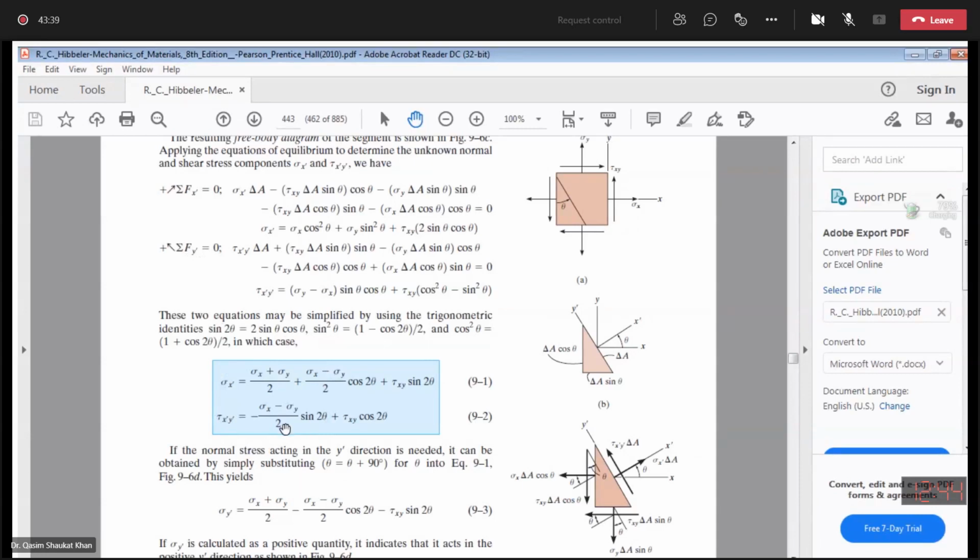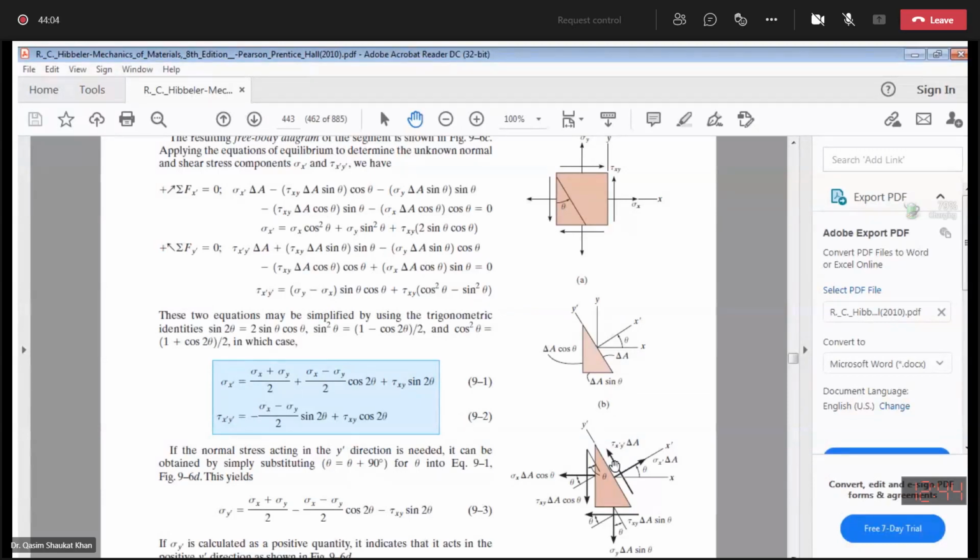In the second half, we will cut the section about the x dash axis, and in that case again we will apply these normal and shear stress forces acting about the x and y axes. We will apply the resultant normal and shear stress, and then we will resolve these forces into their components.